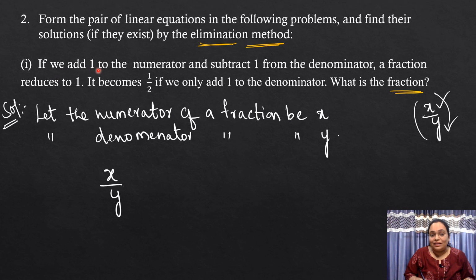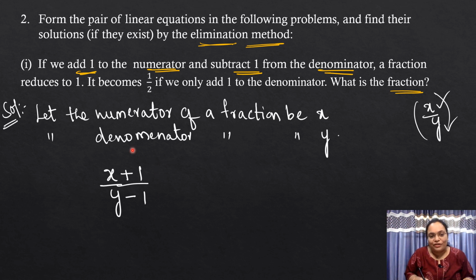If we add 1 to the numerator and subtract 1 from the denominator, the fraction reduces to 1. So we need to add 1 to the numerator and subtract 1 from the denominator.